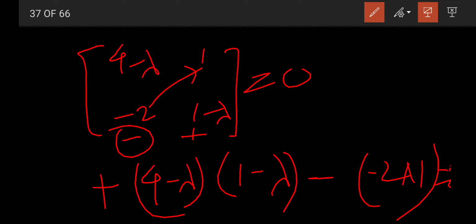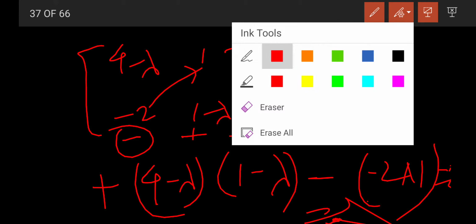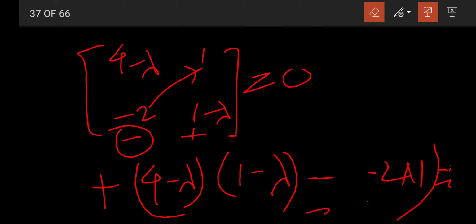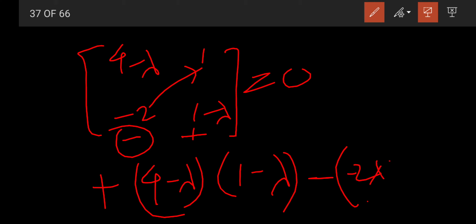Now solve this. This is simple. Sorry, I'm using a smartphone, so I don't have lots of space and need to erase every time. Right?